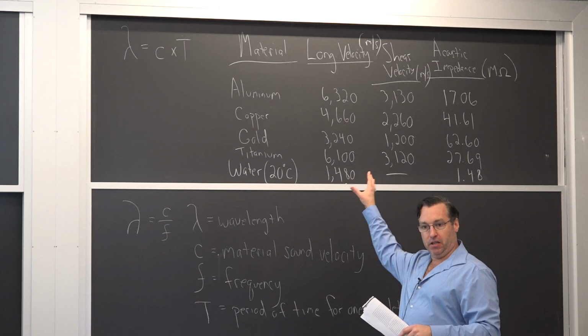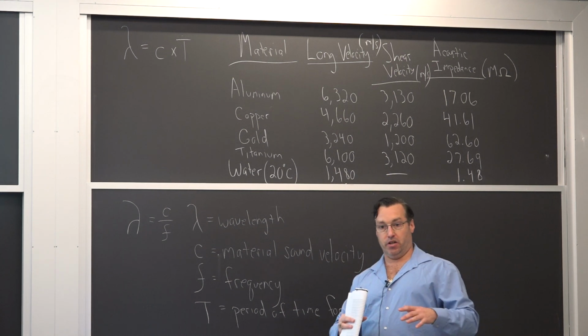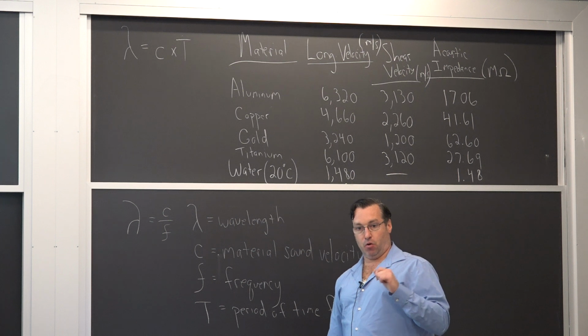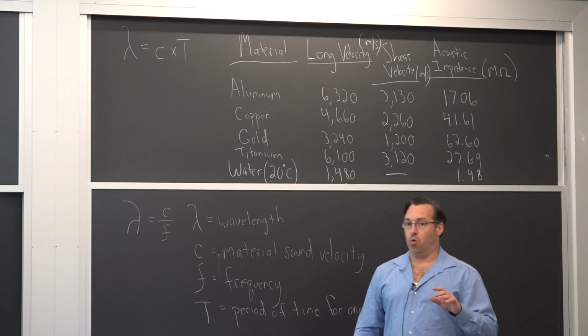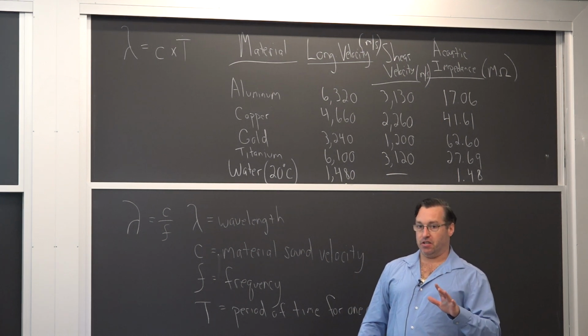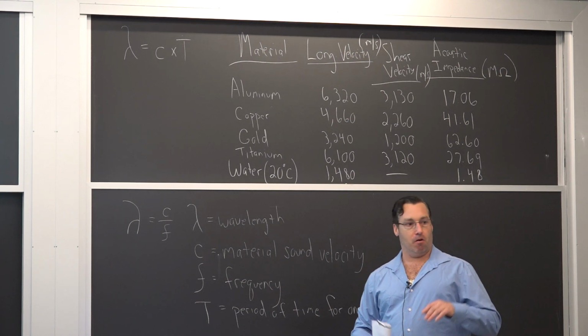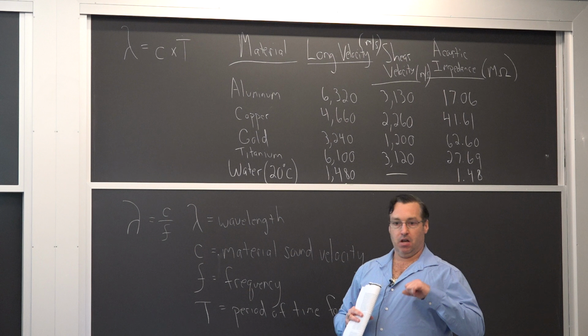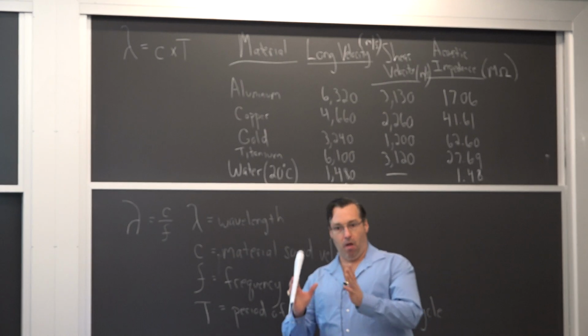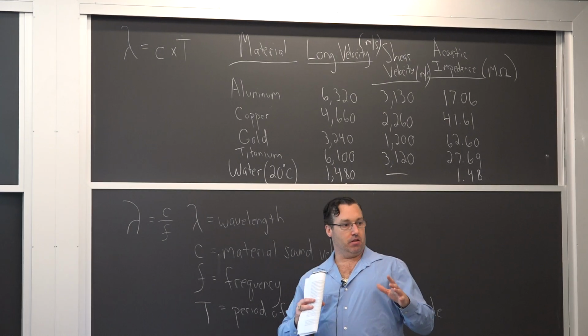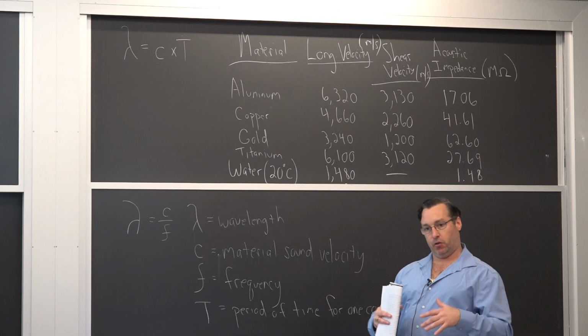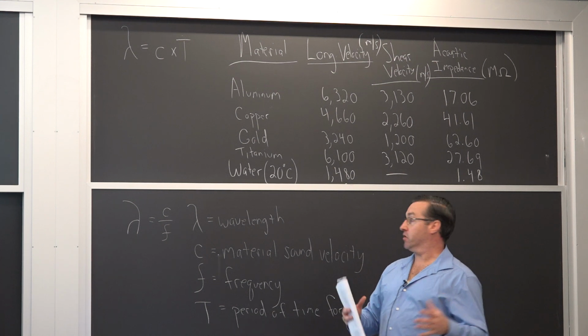These values are already preloaded into the NDE equipment. So for critical applications, just saying aluminum isn't good enough. You'd have to know it was aluminum 6061 with a T6 temper. So these are things where the material science comes into play for the inspection.